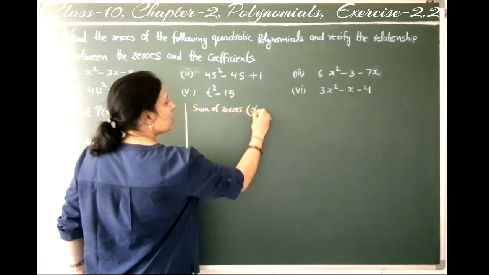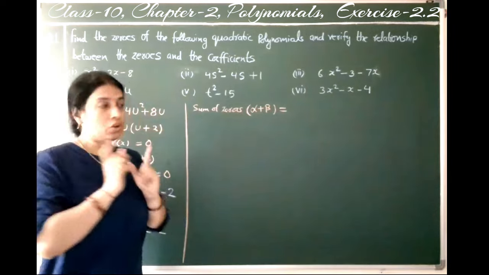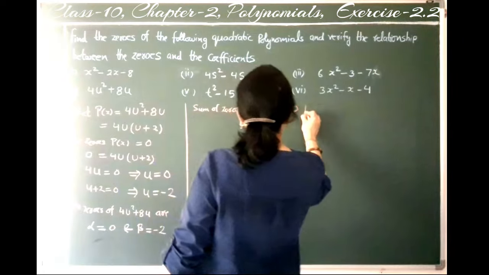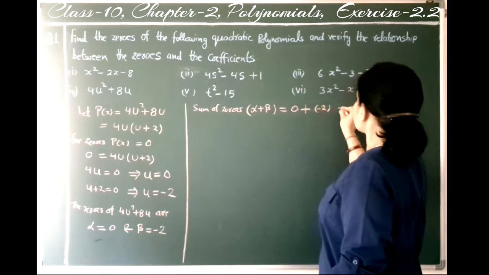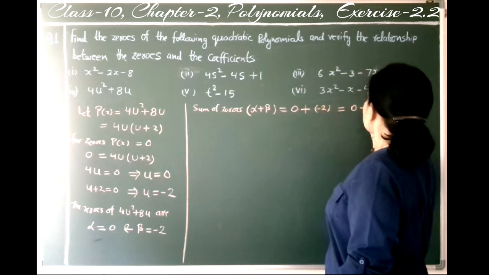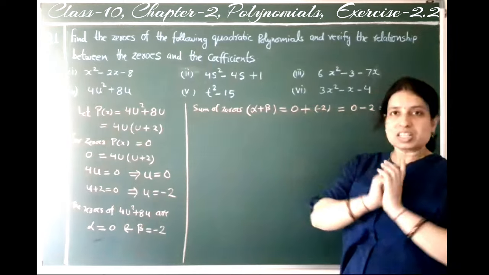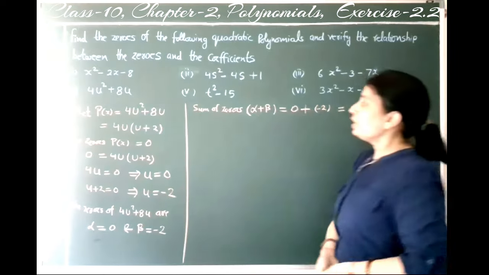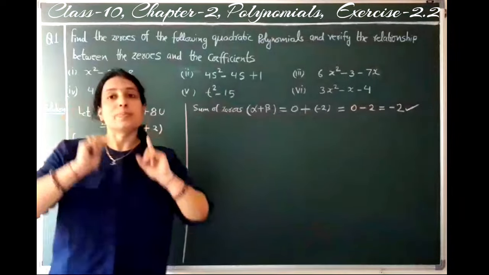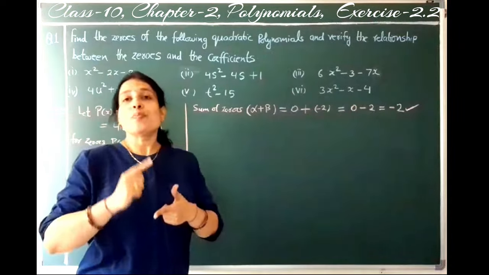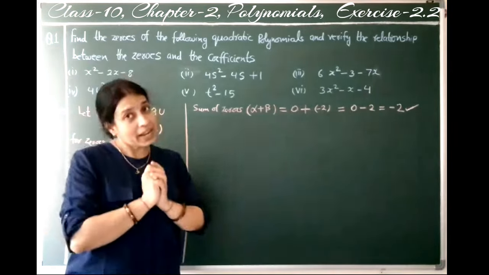Sum of zeros means alpha plus beta. So alpha is equal to 0, write here 0, and beta is equal to minus 2. So 0 minus 2 means minus 2. So we have alpha plus beta as minus 2. Now we know that the sum of zeros is equal to minus b by a, that means minus coefficient of x divided by coefficient of x square.